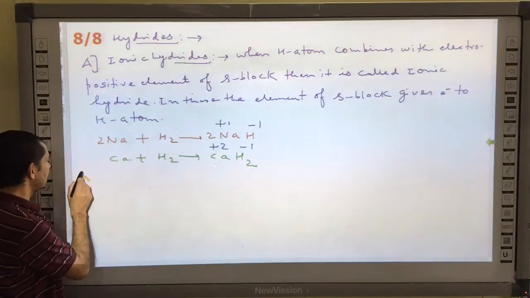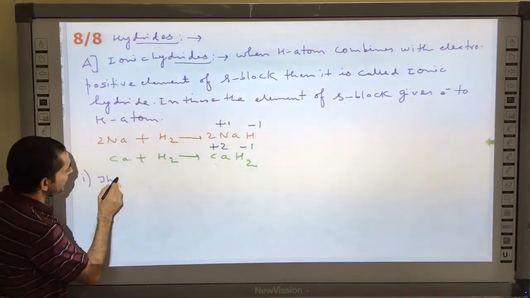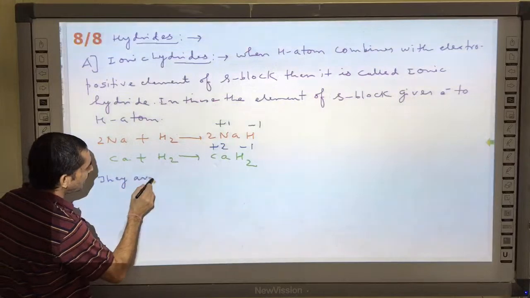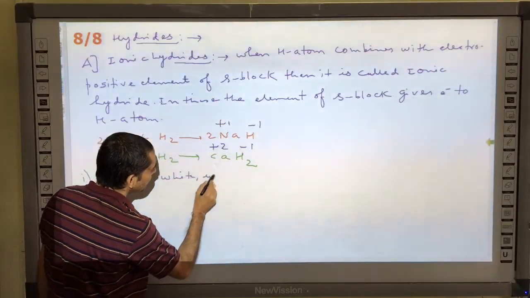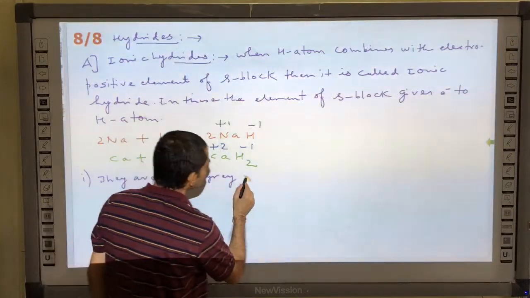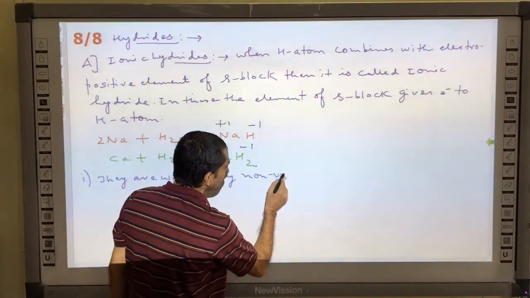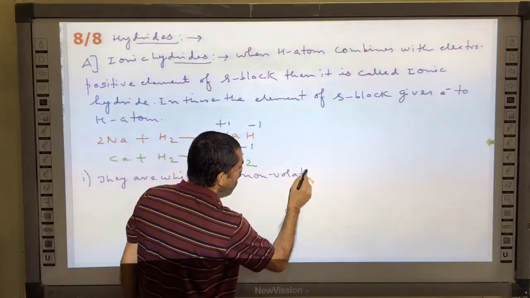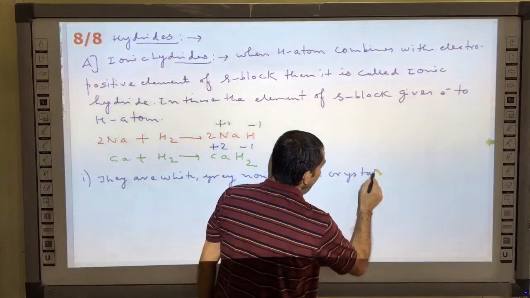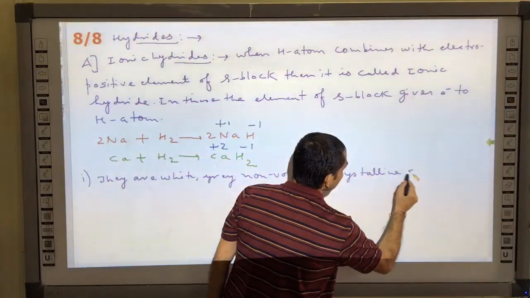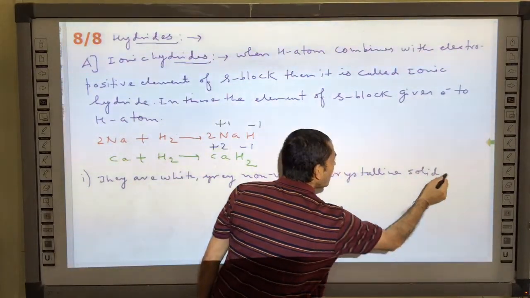Number first, ionic hydrides are white, gray, non-volatile, crystalline solids. They all are solid.